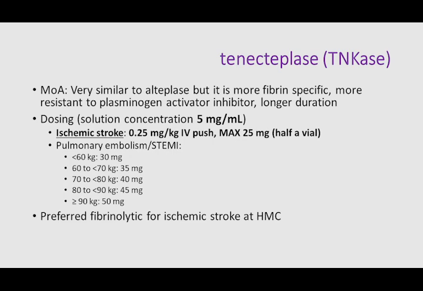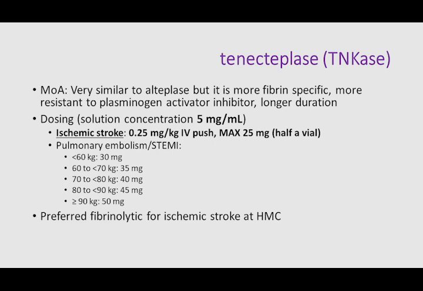In terms of dosing, I want you to really memorize the dosing for ischemic stroke indication, which is the bolded parts on this slide, and in the next couple of slides we'll have some practice problems for ischemic stroke dosing as well to get you familiarized with this. So for ischemic stroke, the dose is 0.25 milligram per kilo IV push with a max of 25 milligram.